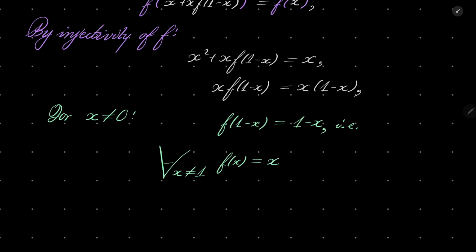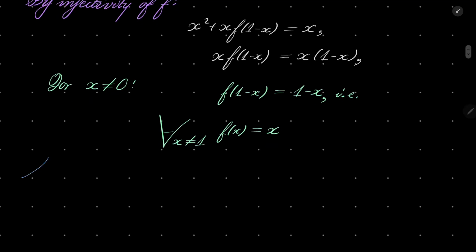So our function is almost identity, but what about f of 1? How can we find f of 1? Well, to find f of 1, let's set x to be 1, and y to be 2 in our functional equation.